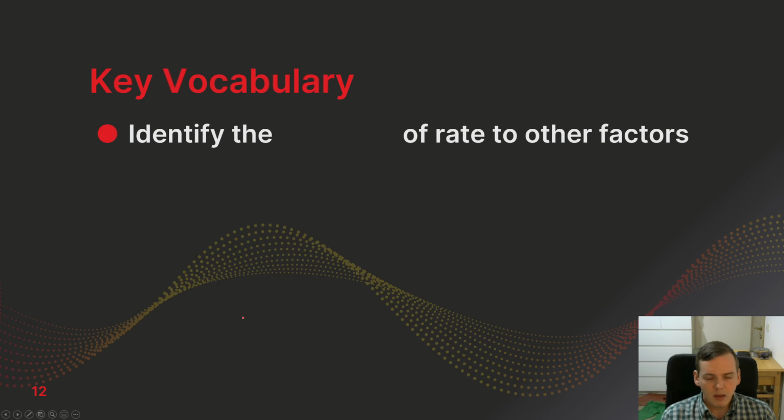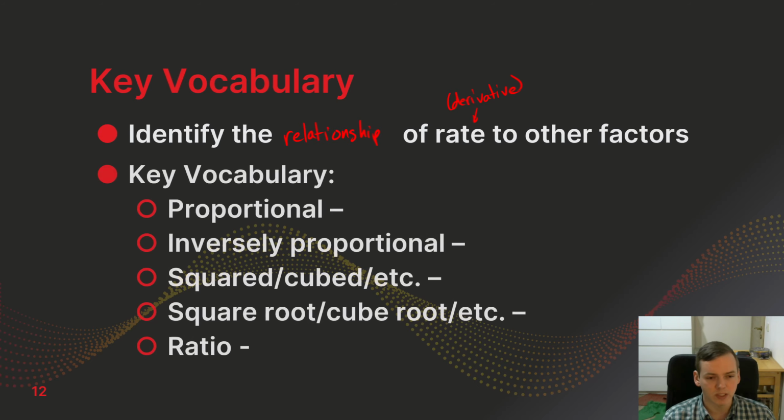So the key vocabulary that we want to talk about is to identify the relationship of the rate, or in other words, the derivative, to other factors that show up. So maybe it's related to how high you are, or how quickly something's moving, or whatever it is. But we want to somehow relate that derivative to other factors, come up with an equation for that.